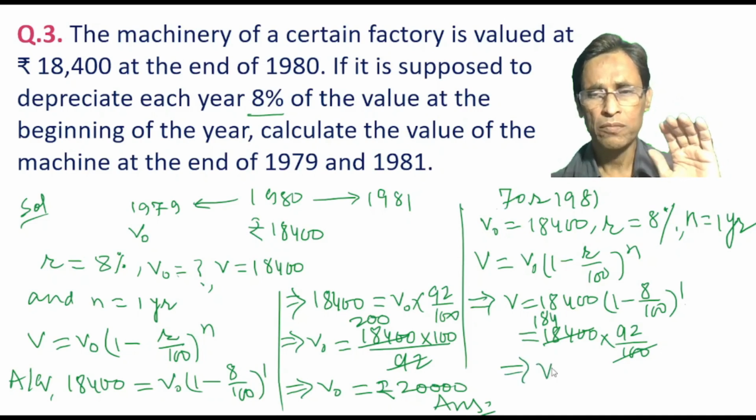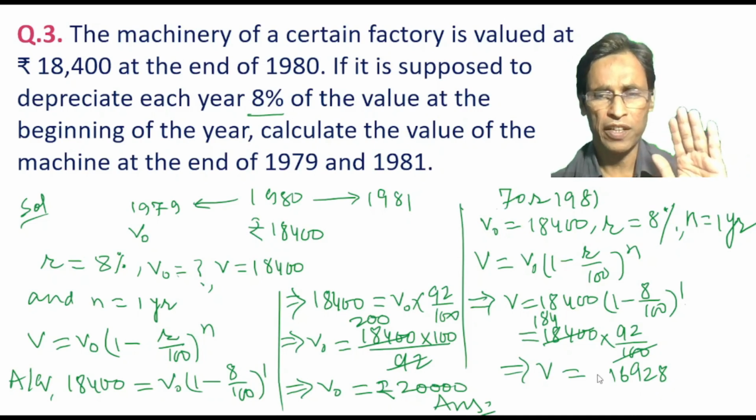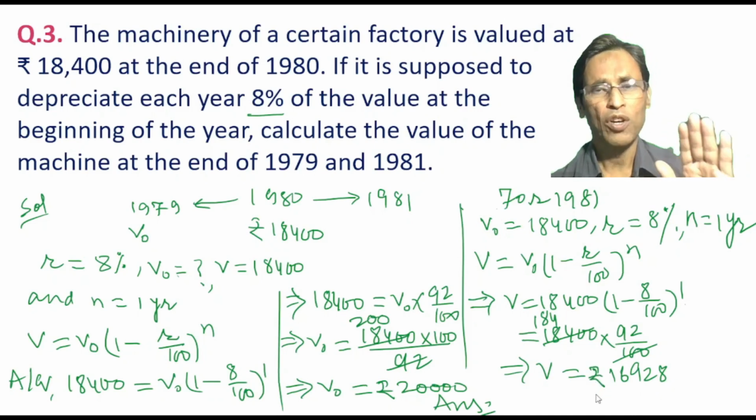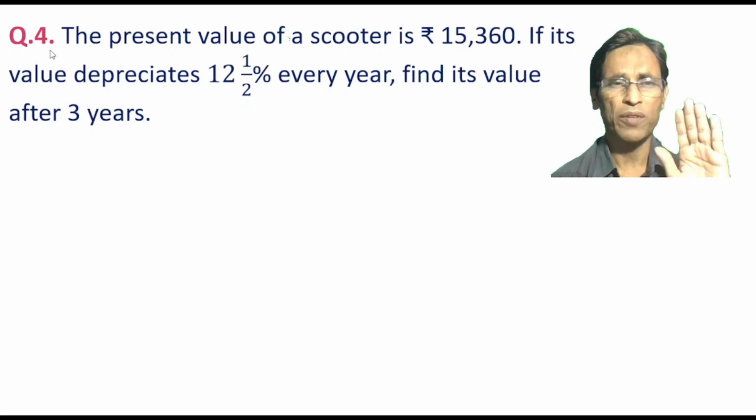Now to find the value of V, we multiply 184 and 92, which gives 16,928 rupees. So the final value of the machinery at the end of year 1981 is 16,928 rupees. Answer. Our next question is question number 4.